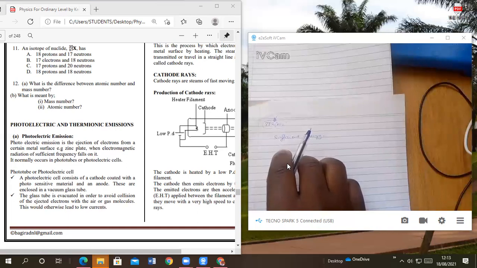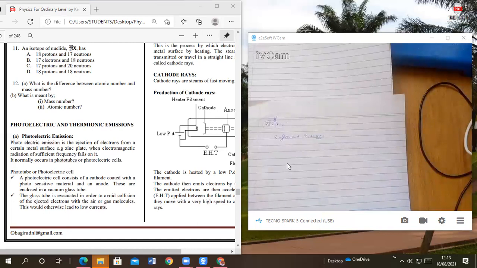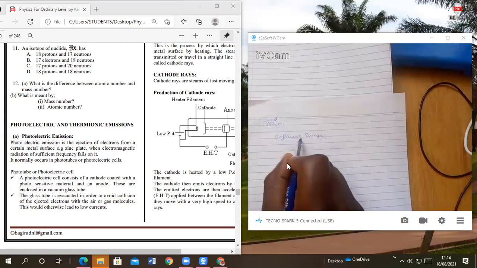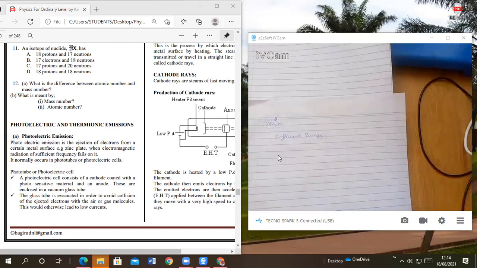It's not that if you get your torch and make the light incident on a metal surface, you expect electrons to be emitted. No, because that torch is producing light, but the light may not have sufficient energy to liberate the electrons. So the frequency of the radiation must give it sufficient energy. Okay, so now it normally occurs in phototubes and photoelectric cells.